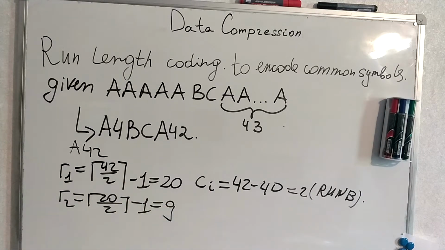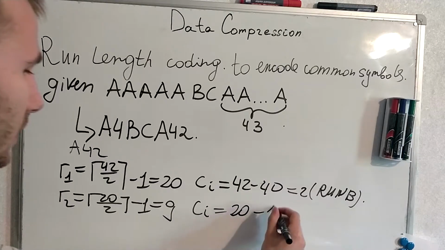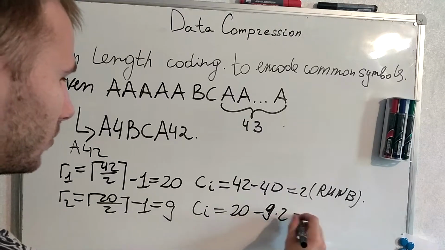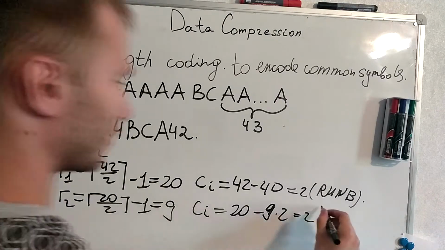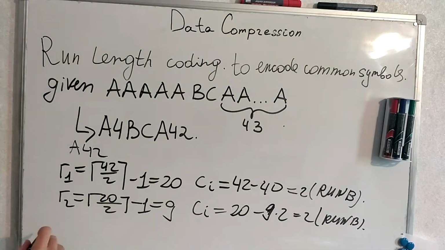Try it yourself if you want. I recommend trying it yourself after you have seen an example. So 20 minus 9 multiplied by 2 equals 2 once again, right? Run B. And the last step. This is 9, okay?